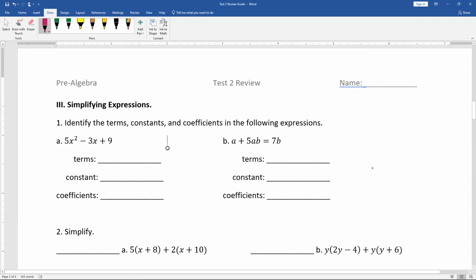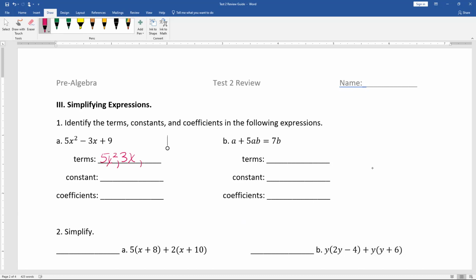All right, identify the terms, constants, and coefficients in the following expression. So what are my terms in A? Okay, give me one, Julian. The whole thing. Okay, there's one. Isaiah, what's the first term? Okay. And Zachary?